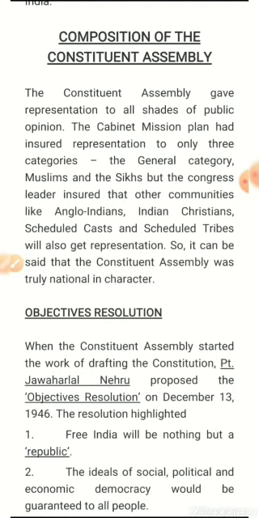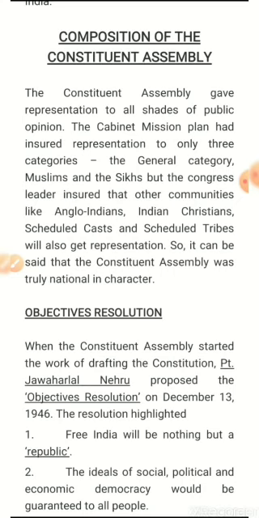Now, the next topic is composition of the Constituent Assembly. The wide-ranging membership of Constituent Assembly gave representation to all shades of public opinion. That means they welcomed the opinion of people from all sectors. But the cabinet plan had ensured representation to only 3 categories. That was the general category, the Muslims and the Sikh.